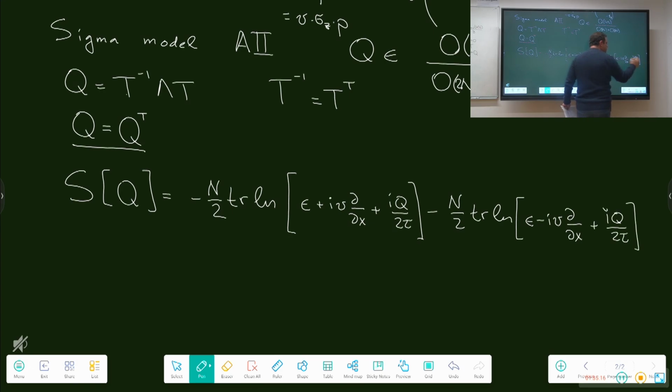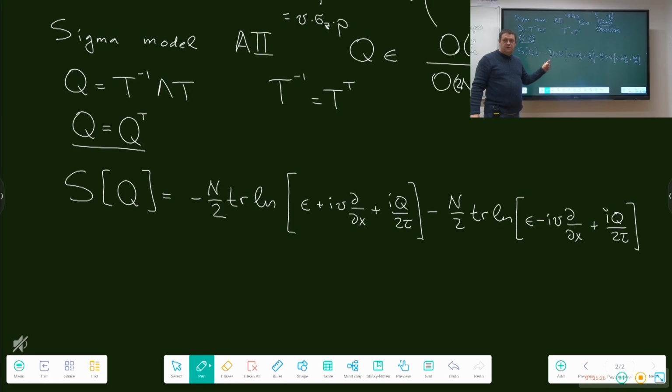So there are only two distinctions between this case and the unitary class. Distinction 1, there is an extra factor 1/2 in front of the logarithm that wasn't there. There we had just n right and left. Here n right and n left are the same, but the prefactor is twice smaller.